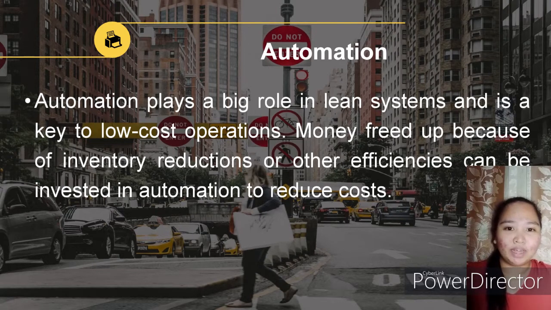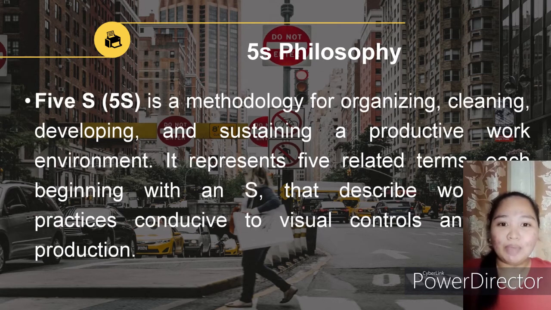And the automation helps make the processing of products easier. The 5S philosophy is a method of creating a clean and orderly workplace that exposes waste and makes abnormalities immediately visible. Because of the 5S, abnormalities in an organization are more visible.